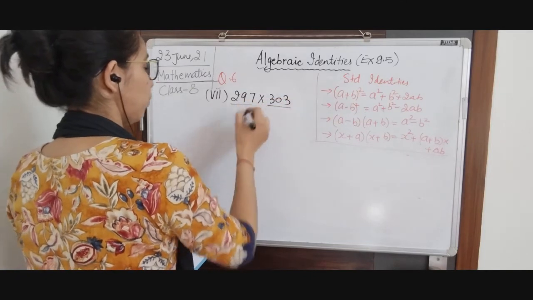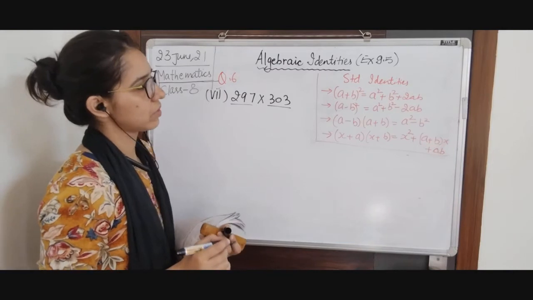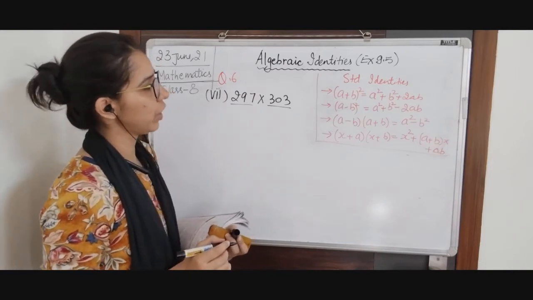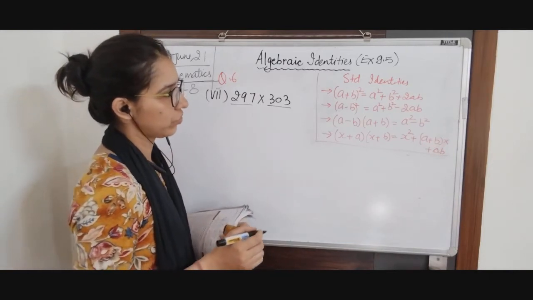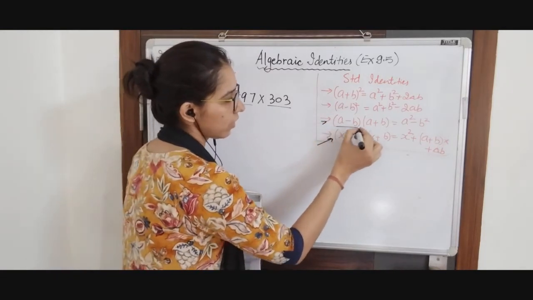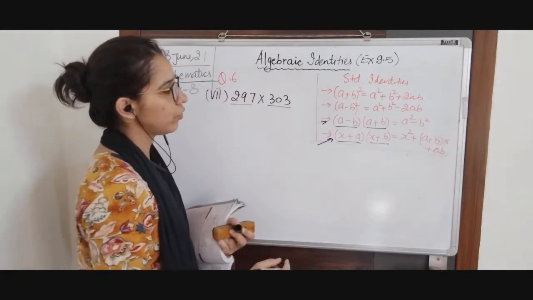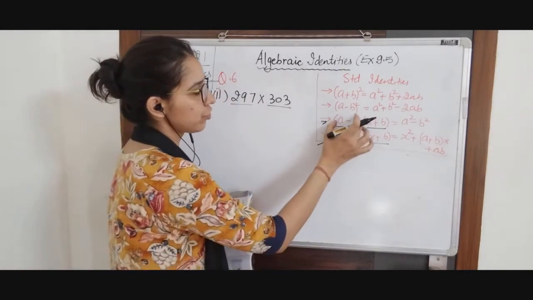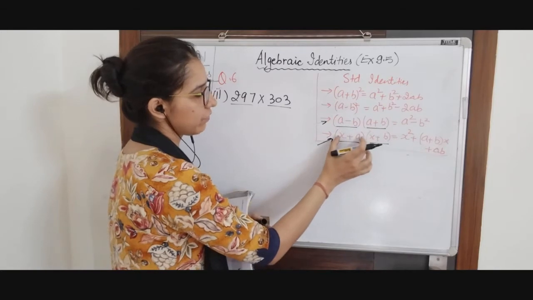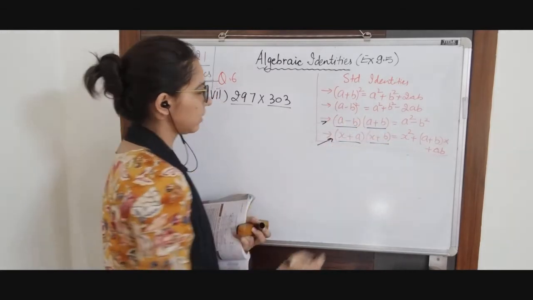Now we are having a product of 2 terms, this one and this one. One term, second term, one term, second term. So we have to check which type of identity we are going to get. Are we going to get like this, or like this?